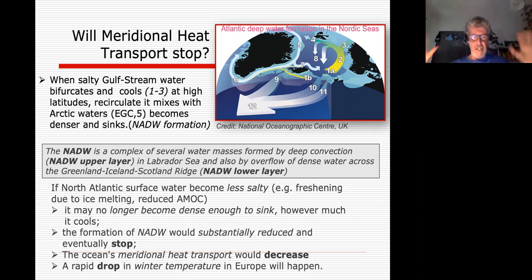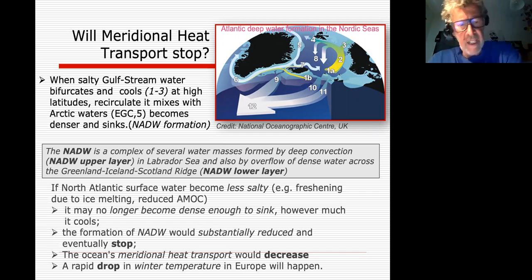North Atlantic deep water, I remind you, is a complex of several water masses formed by deep convection in the Labrador Sea, and also on the shelf off the Greenland coastline ridge.